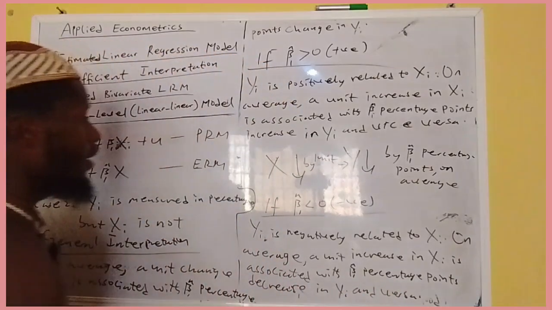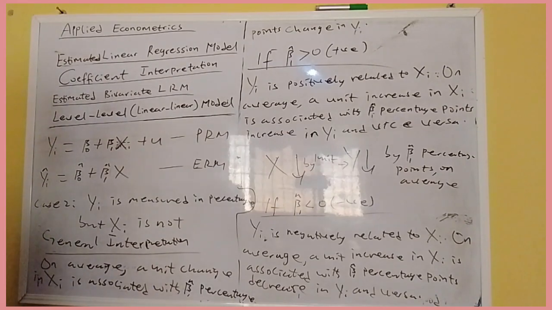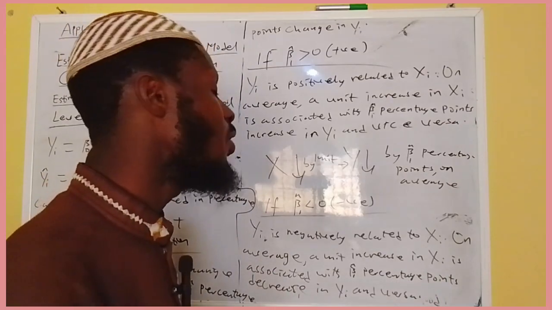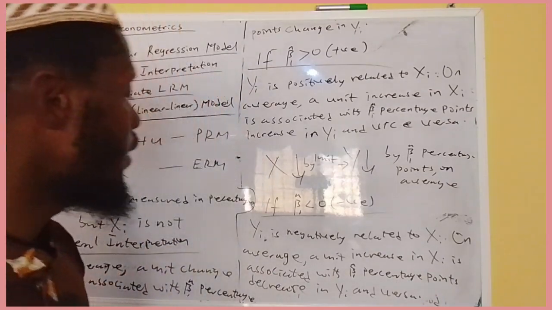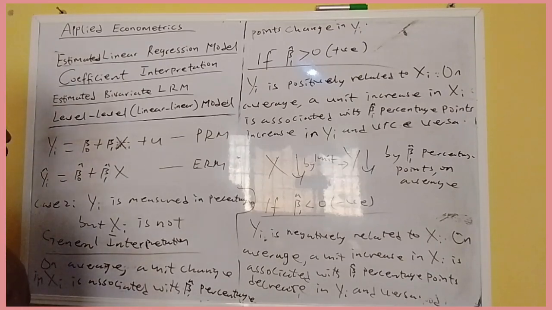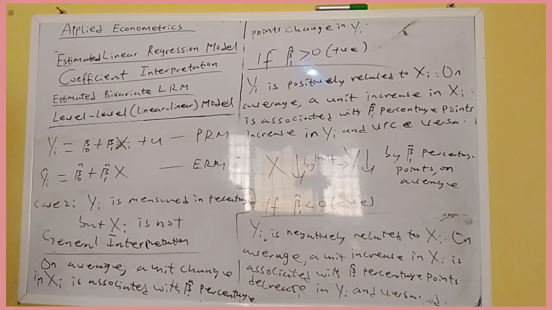So vice versa here implies that on average a unit decrease in x is associated with beta 1 hat percentage point increase in y. Okay, that is what vice versa implies here. Because we are dealing with a linear model, both interpretations are equivalent.